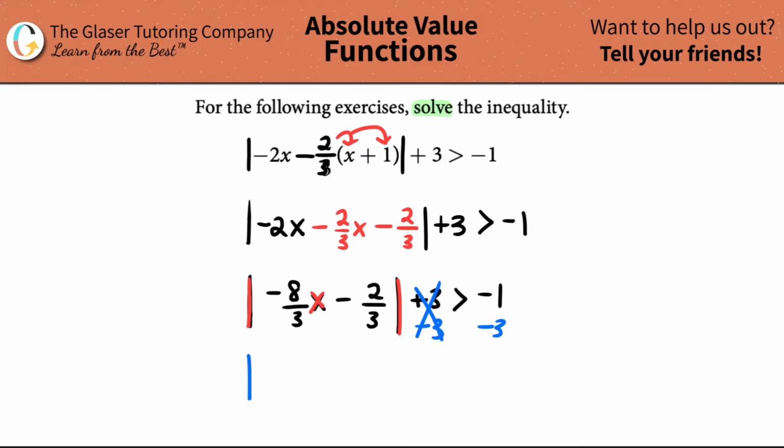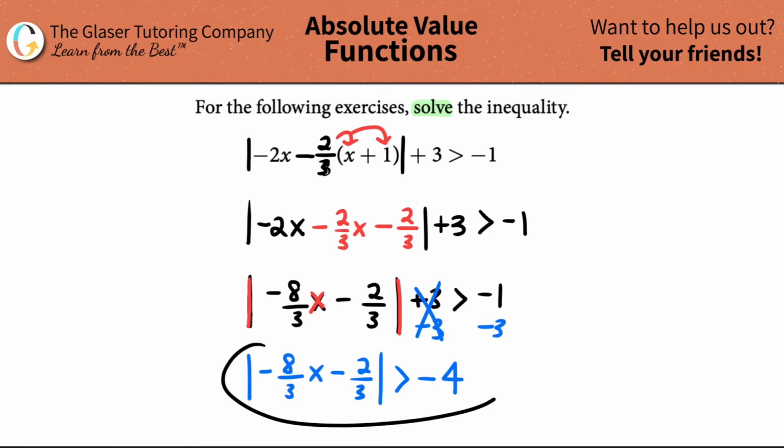So it's the absolute value of negative 8 over 3 x minus 2 over 3 is greater than negative 1 minus 3, which is negative 4.